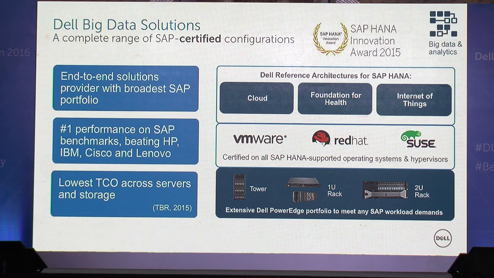Thanks to that broad, end-to-end portfolio, the broadest SAP HANA portfolio, we are able to offer even customers who start small with SAP solutions. And of course, we've got all of those sizes as SAP denotes them: small, medium, large, extra large. And as you scale up, we've got all of that for the data center and for the enterprise.